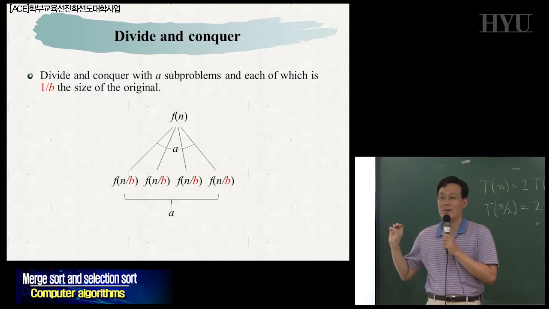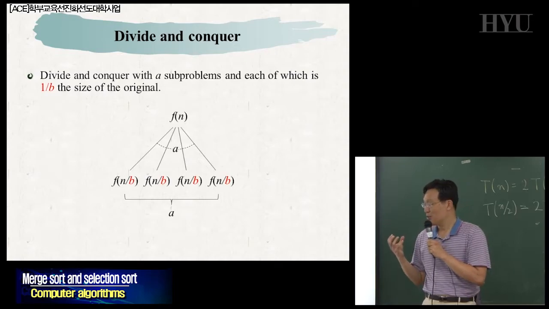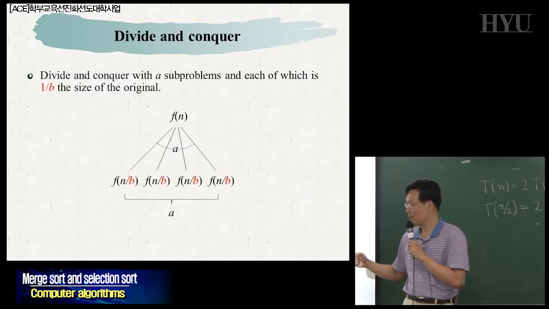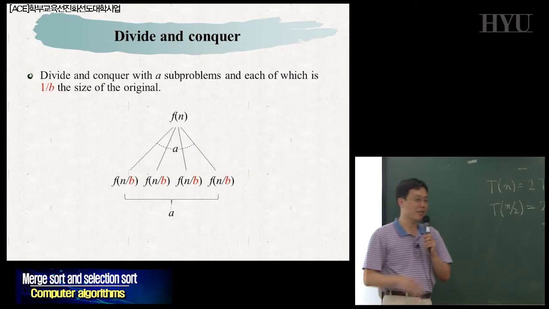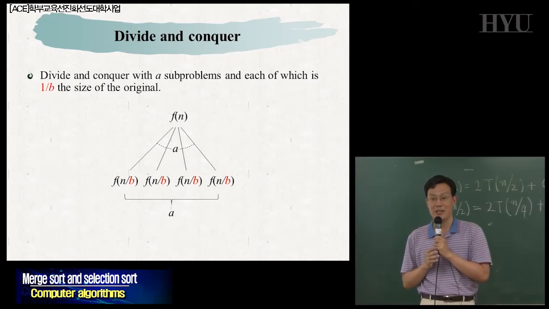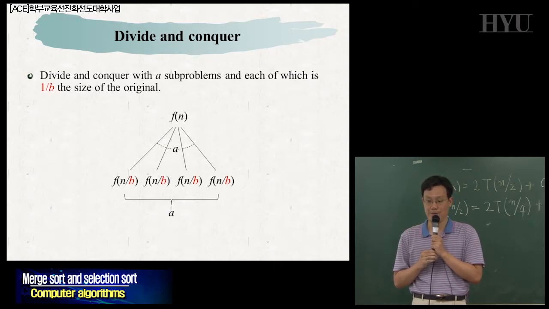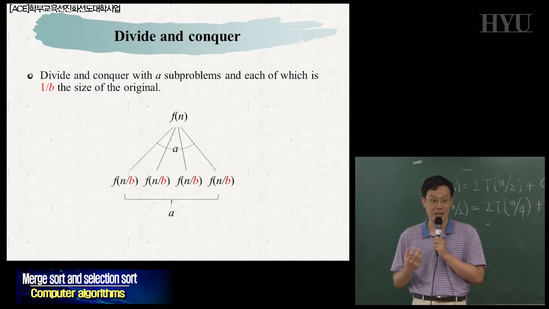The number of subproblems need not be the same as the subproblem size. There are a subproblems, but each problem size is n over b. This is even possible in a general divide and conquer approach. But our merge sort case is the simplest case.